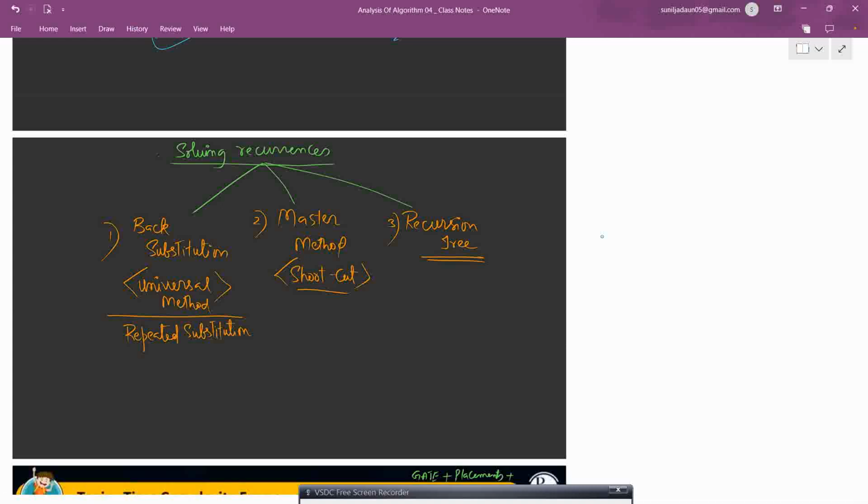So solving a recurrence has three methods. First is the back substitution method. This is a universal method, repeated substitution.